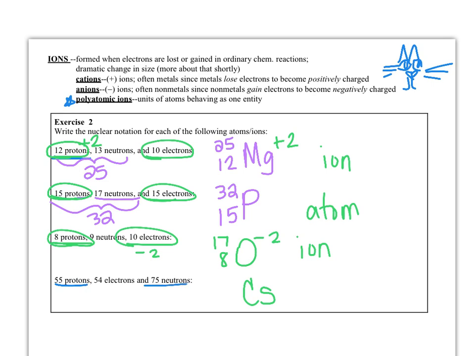That's going to be 130. Hopefully that is correct. And that means 55 protons are going to go on the bottom. All right, and then when we look at our protons versus our electron quantities, we're going to compare proton and electron. I've got 1 more proton, so that's going to be a +1 ion in this case.